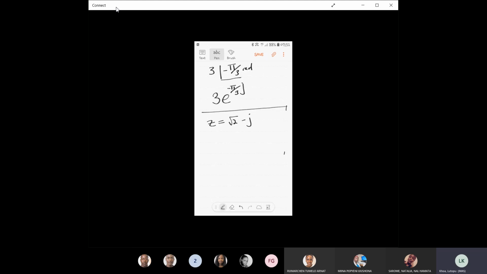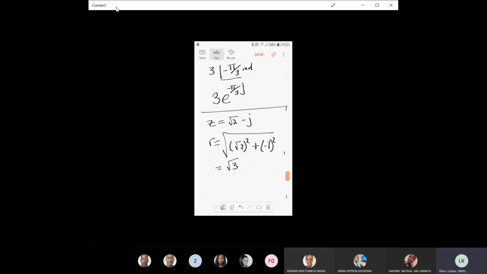So to do that, I just need to know what r is and what theta is. So r, work it out in the same way. This is the square root of the square root of 2 squared plus minus 1 squared. So this is just equal to the square root of 3.